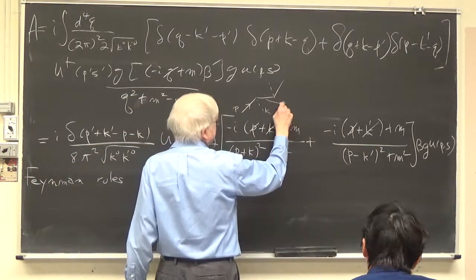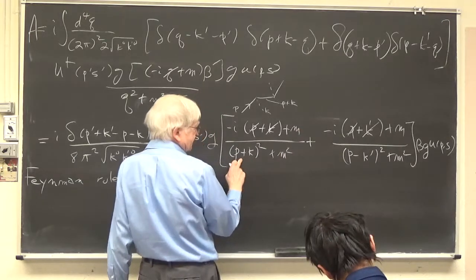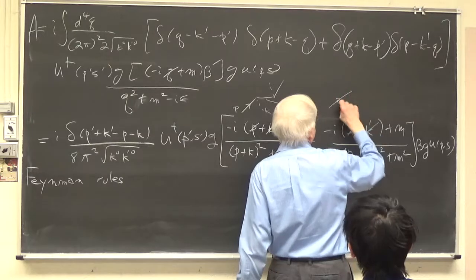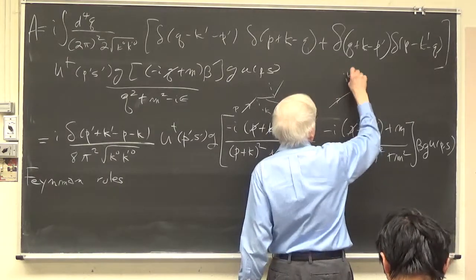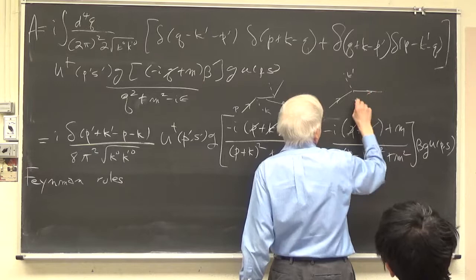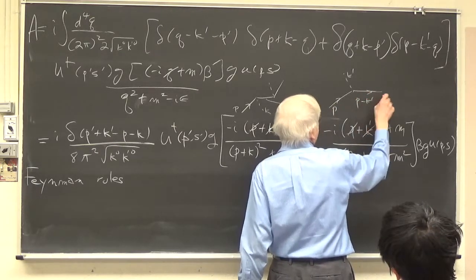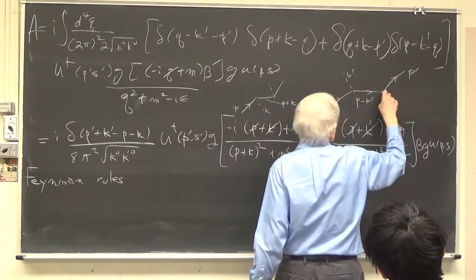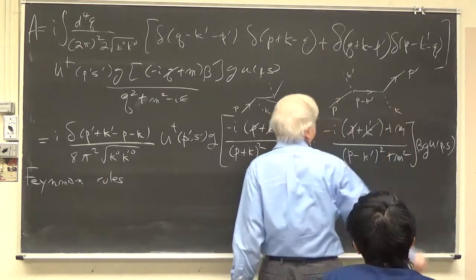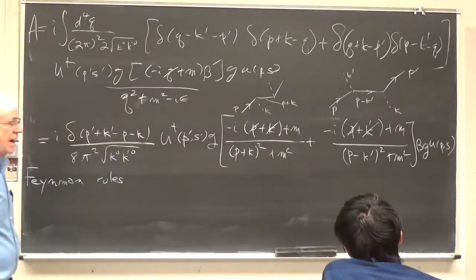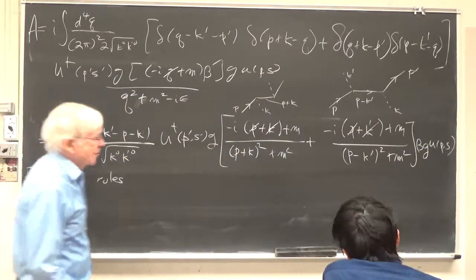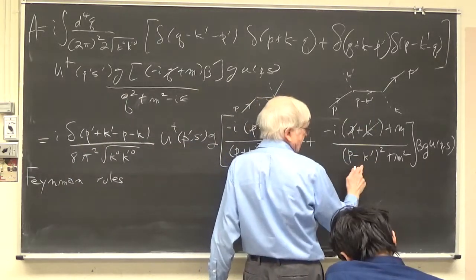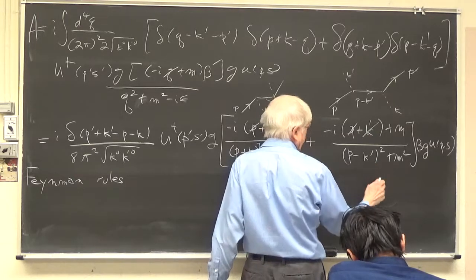So the momentum on this line is p plus k. That's why this is (p plus k) squared. This diagram here has p coming in and k prime going out. So the momentum here is p minus k prime. And then p prime goes out and k goes in. And that's why the q squared here is (p minus k prime) squared.